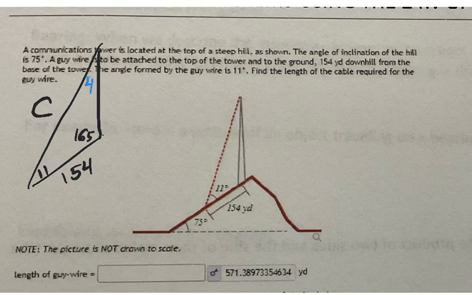How do you think we can get that 165 a little more easily next time? 154 plus 11? No, that is a wild coincidence, but that is not the way we're going to get it. 154 is the side. This angle is always going to be 90 plus this, every time.